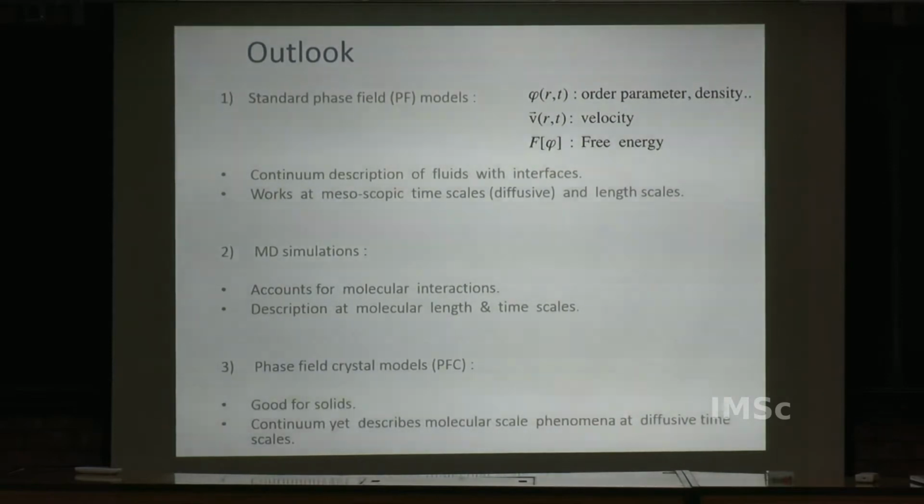Now people have been doing phase field modeling for a while, and so typically it is applied to liquid state. Okay, so these are the typical variables. So you have some material and phi. So these are all space-time dependent functions.